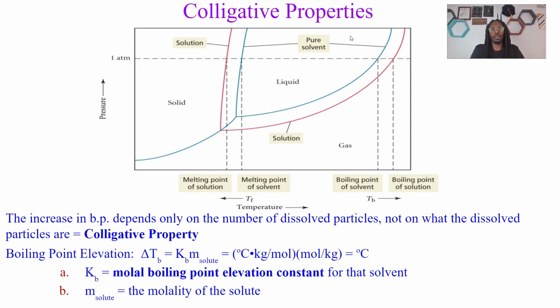Now let's look at this graph. This is focusing on boiling point and the elevation of it. I'm just going to look at boiling point, because the same thing occurs with melting point.